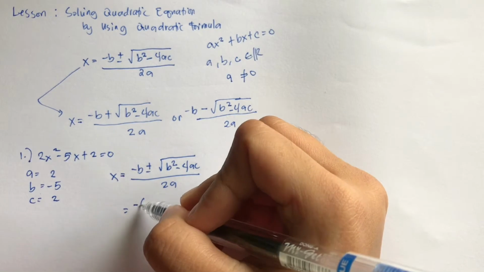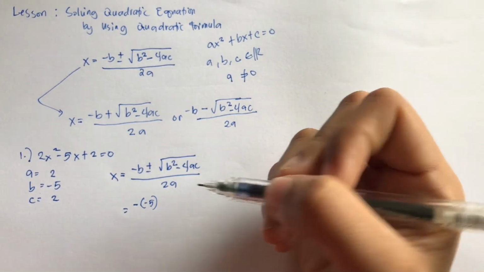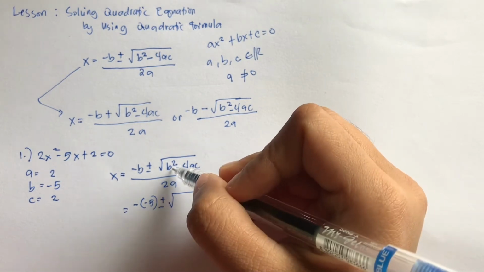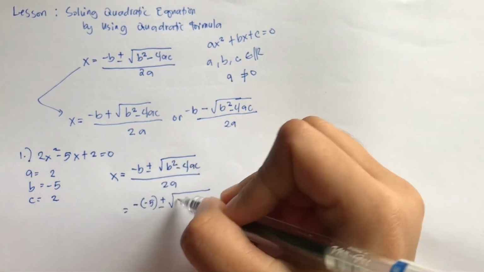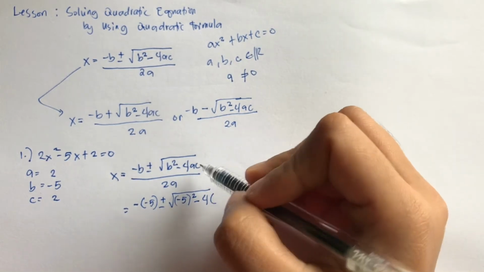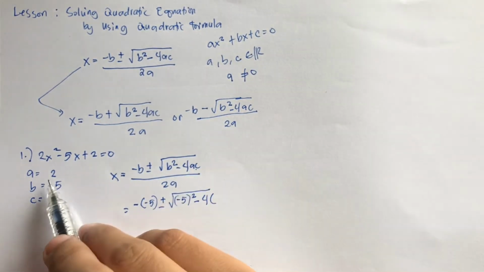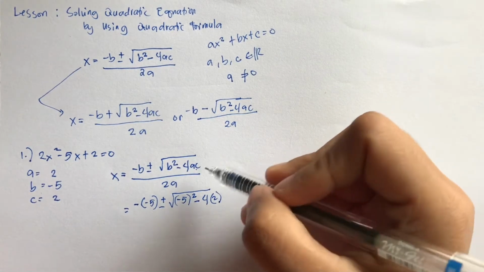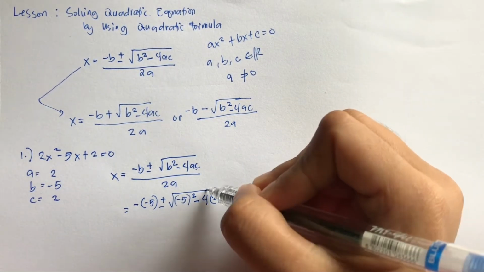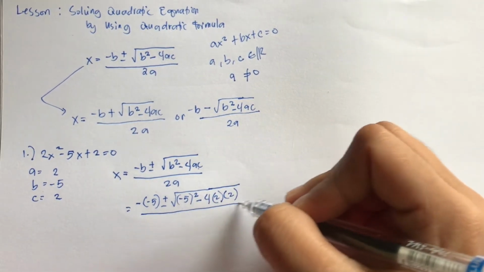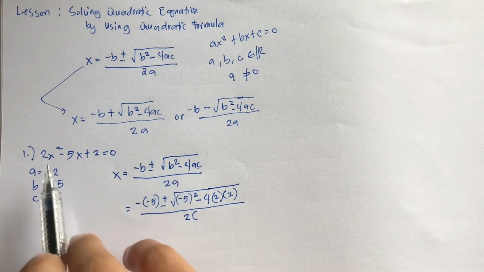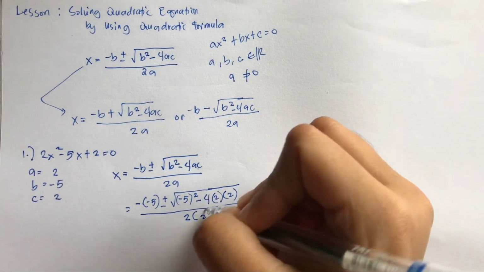So negative times negative 5 plus and minus the square root of negative 5 squared minus 4 times the value of our a, that's 2, the value of our c, that is still 2, all over 2 times the value of our a, that is 2 again.